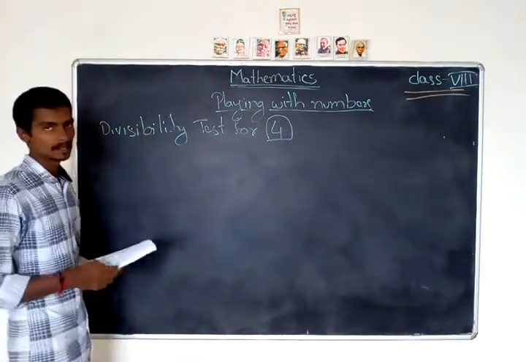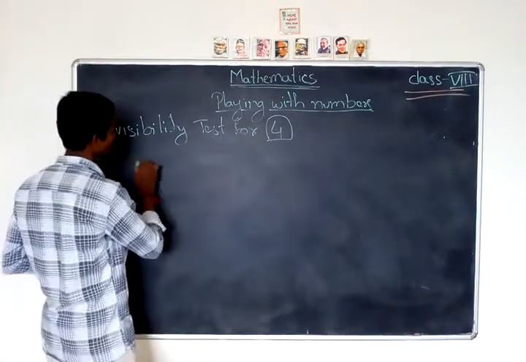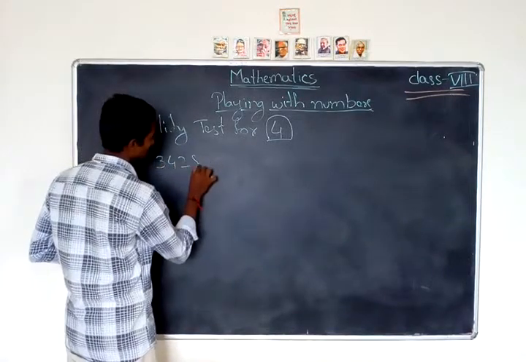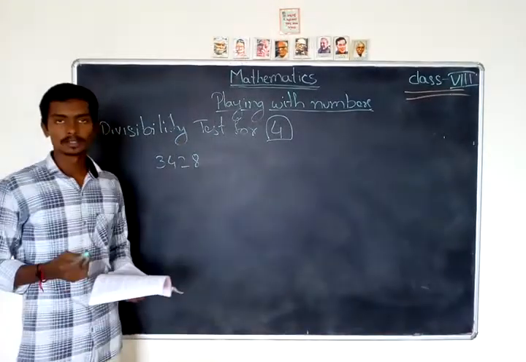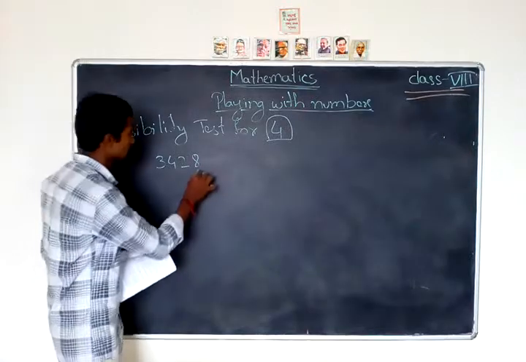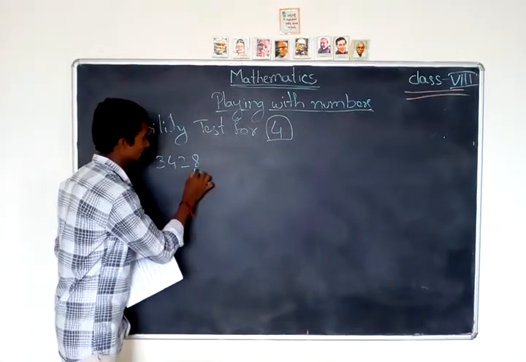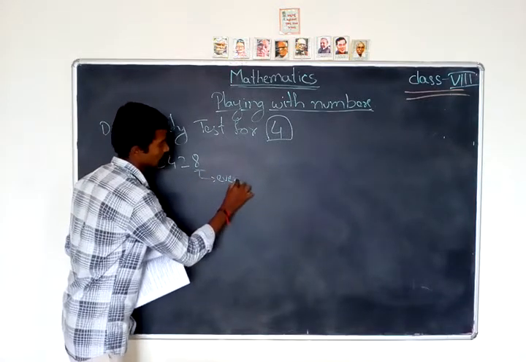Let me take an example and try it out with 4. 3428. According to the tests known to us, what will we check? To check if the last digit is even. Yes, 8 is even.